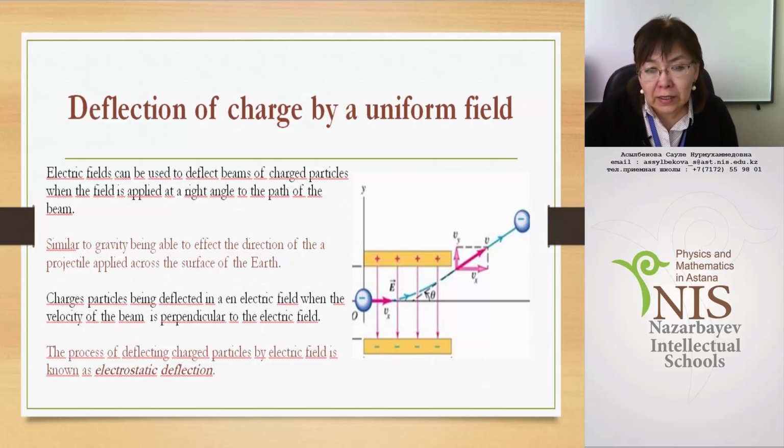So, an electric field can be used to deflect a beam of charged particles, under the very important condition that the field is applied at a right angle to the path of the beam.